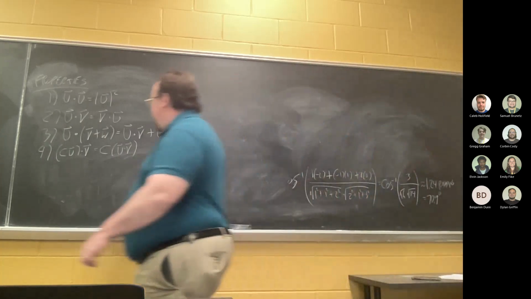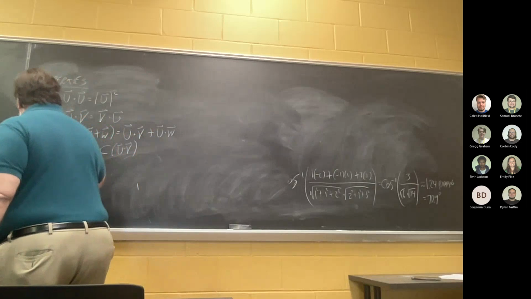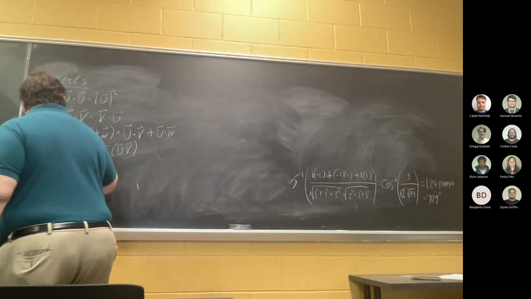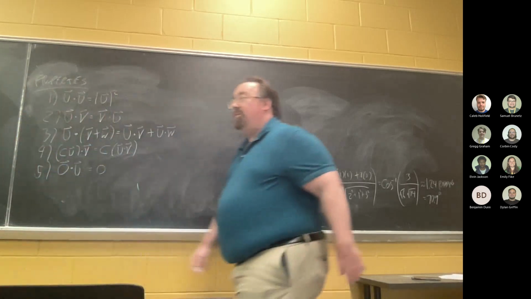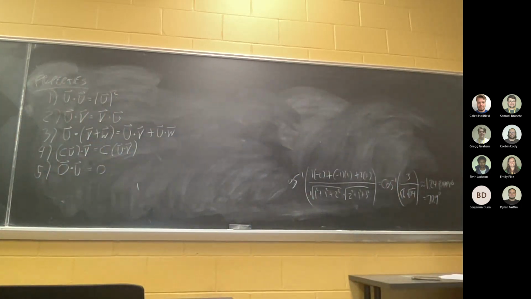That's one part that seems worth mentioning, but I'll let it go. The dot product of the zero vector with any vector is going to be zero, because you're multiplying corresponding components.